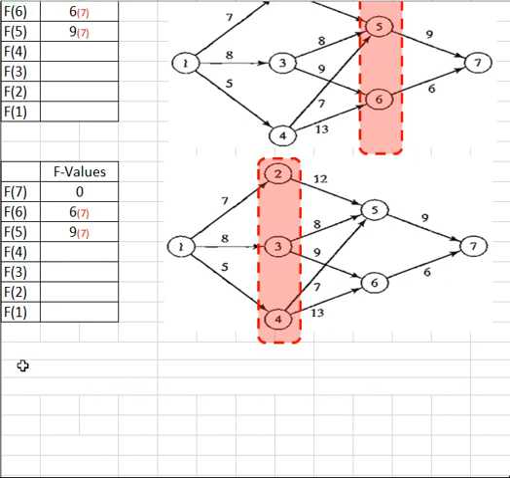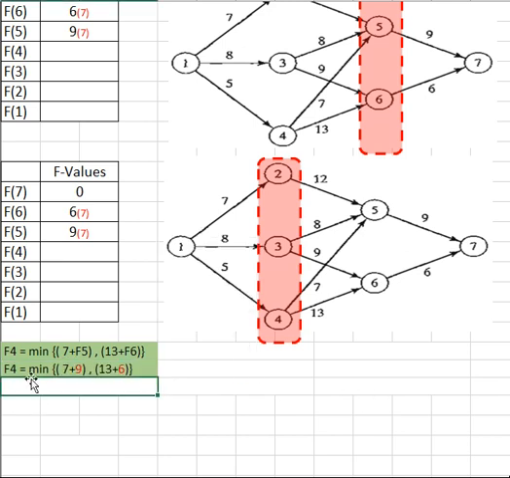If you convert it into an equation, F4 is equal to the minimum of 7 plus F5, or 13 plus F6. Whichever is smaller of the two. Meaning, it can be 7 plus 9. Where did the 9 come from, sir?